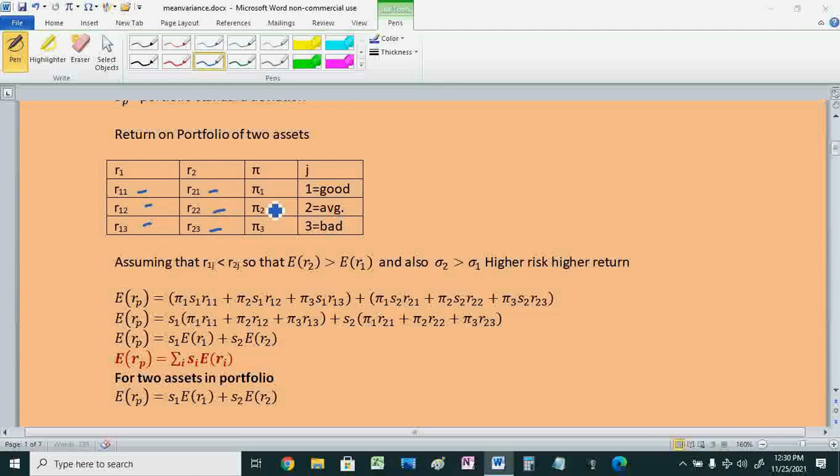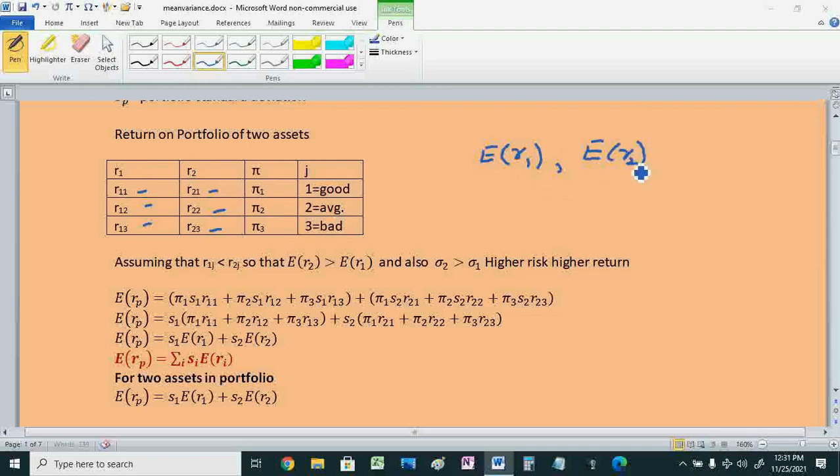These are the probabilities of these states of nature. If we compute the expected return on only asset 1, we know how we will be doing that. We have already seen that earlier. So let's say that this is the expected return on asset 1 and this is the expected return on asset 2.